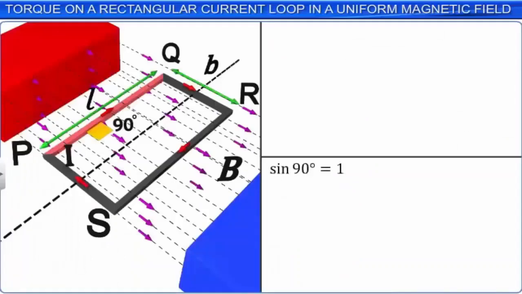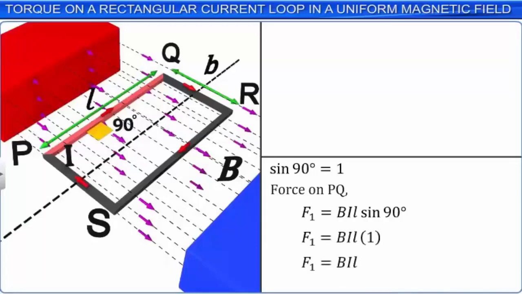Sin 90 is equal to 1. Hence, the magnitude of the force acting on the arm PQ of the rectangular loop due to the magnetic induction B is F1 equal to BIL sin 90, which is equal to BIL, where L is the length of the arm PQ. Let this be equation 1.